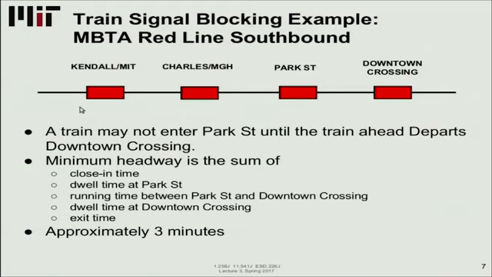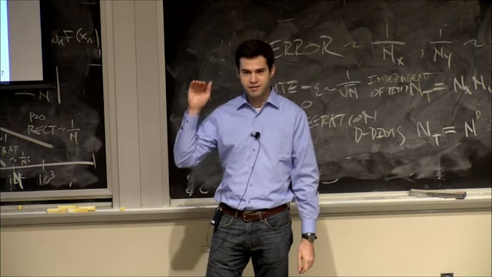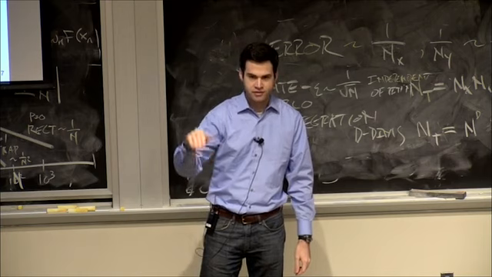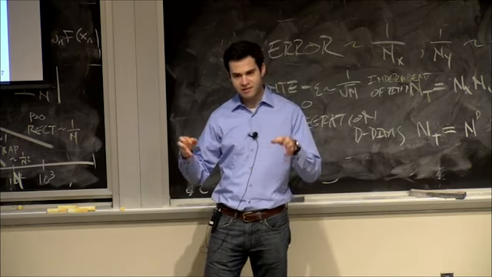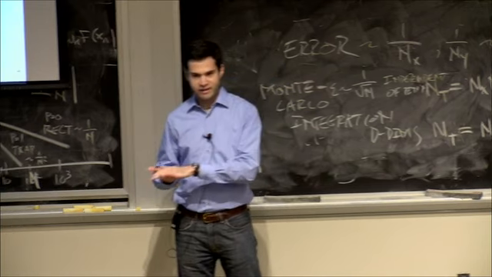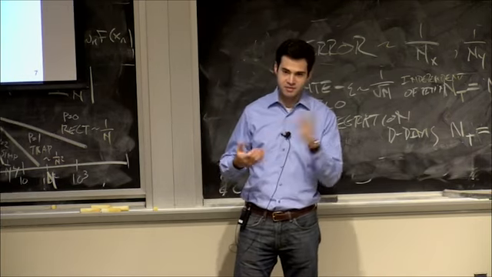As you're moving from Kendall to Charles MGH, and particularly in the segment from MGH to Park, this segment right here is downhill, right? You're going from elevated downhill to subway. So you're going downhill on steel wheel and steel rail. The track might be wet because it was outside.